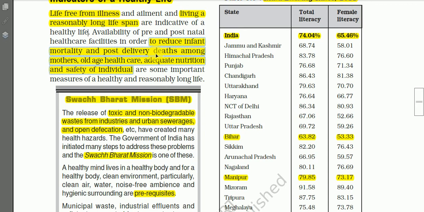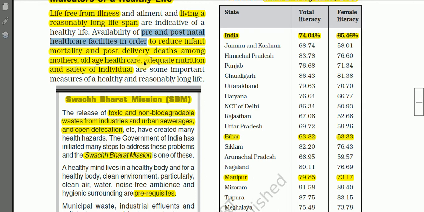To improve the health status of a country or a state, we should be accessible to the pre and post-natal healthcare facilities. Healthcare facilities before the birth and after the birth of the children.